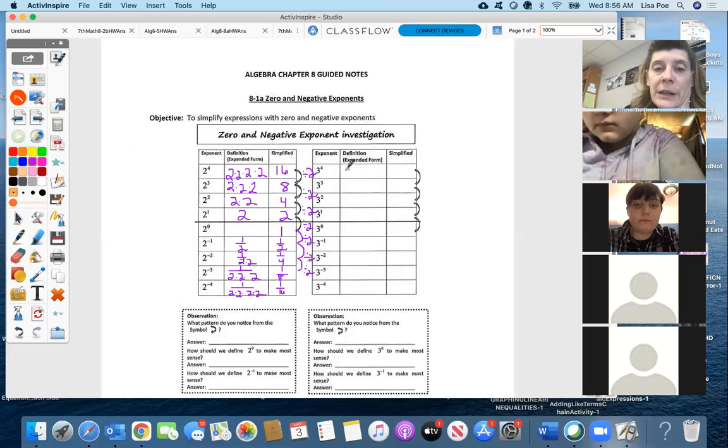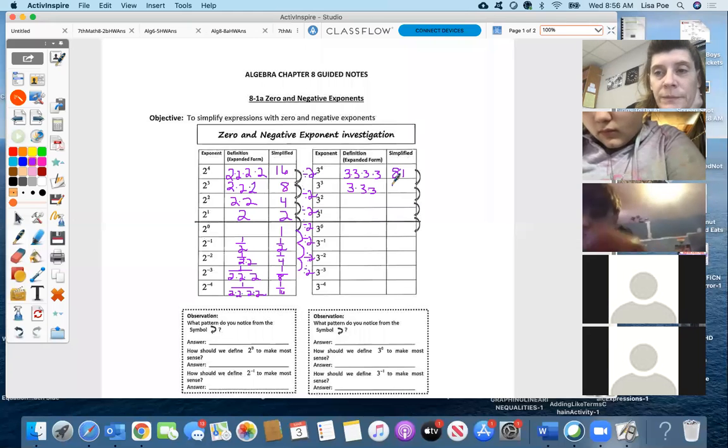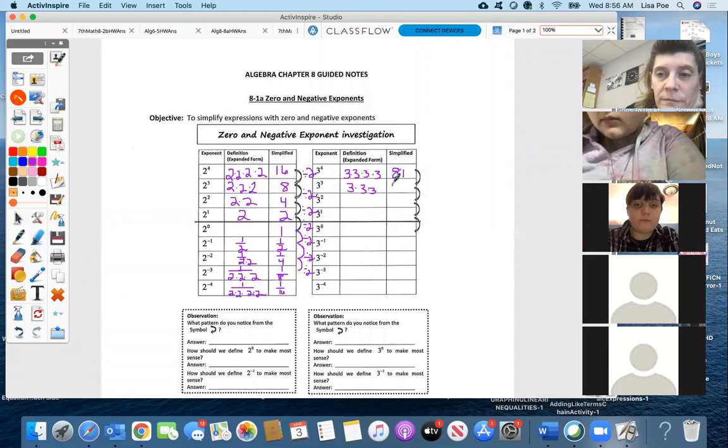Okay, so let's try 3s. 3 to the 4th is 3 times 3 times 3 times 3, which happens to be 81. 3 to the 3rd, well, that's only 3 of them instead. Grady, what's 3 to the 3rd? 27.